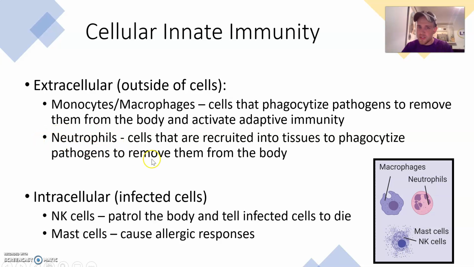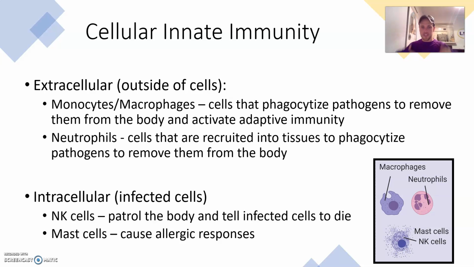The second thing are these neutrophils. There are macrophages all over your tissues, right? In your leg, in your toe, in your lungs, in your arms, in your brain. There's macrophages all over the place, and they're just sitting there. Neutrophils, on the other hand, are circulating in your blood, and they're not actually in your tissues.